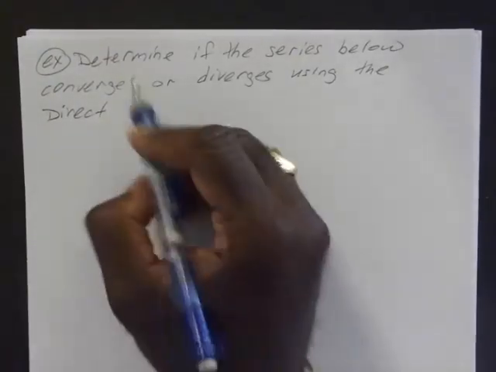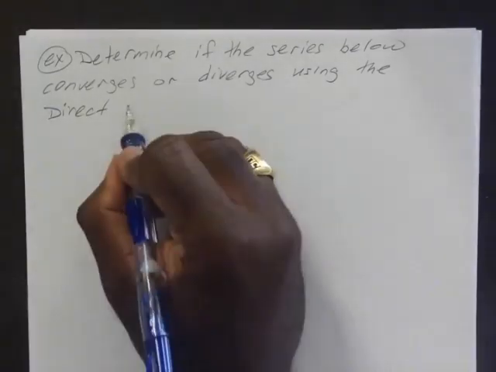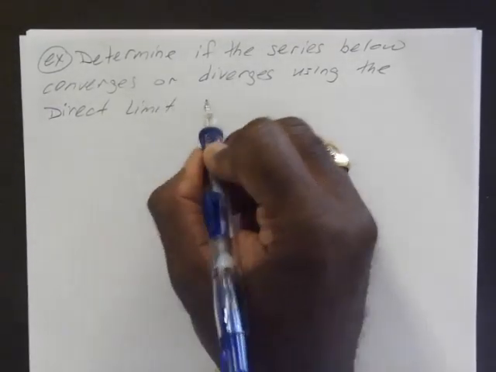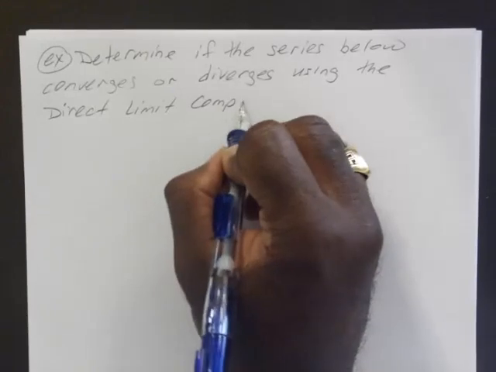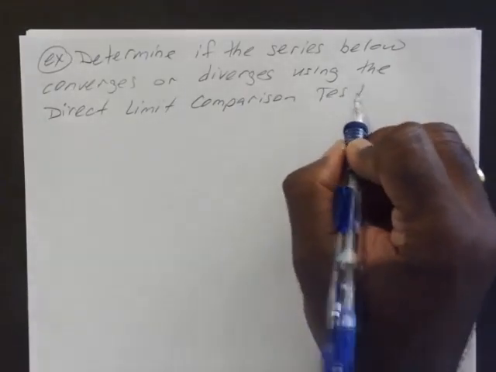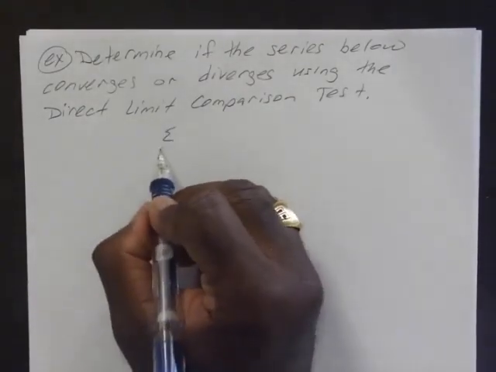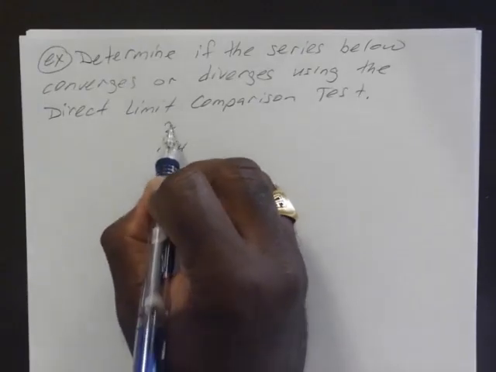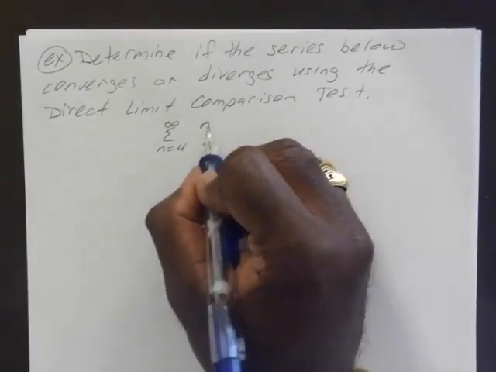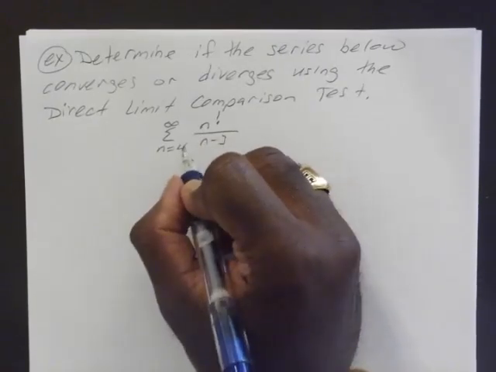And sometimes they'll call it the direct limit comparison test or just the direct comparison test, same thing. Okay, and the series is the sum from n equals 4 to infinity of n factorial divided by n minus 3.